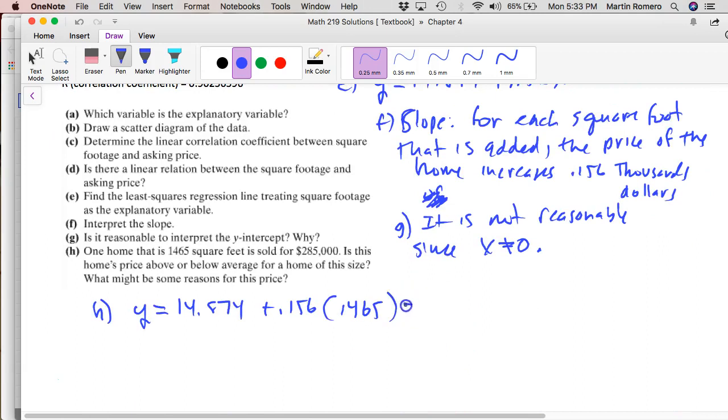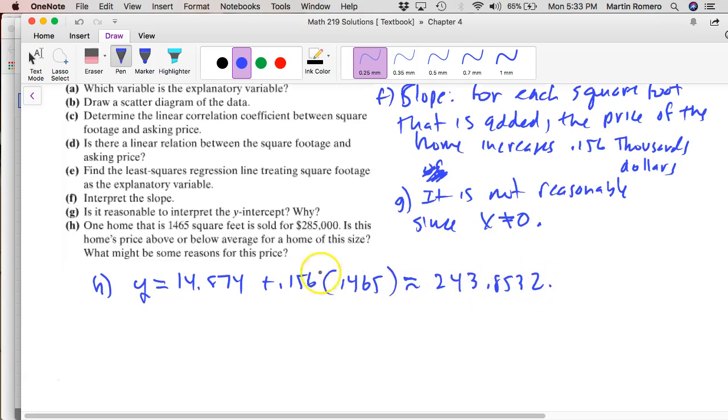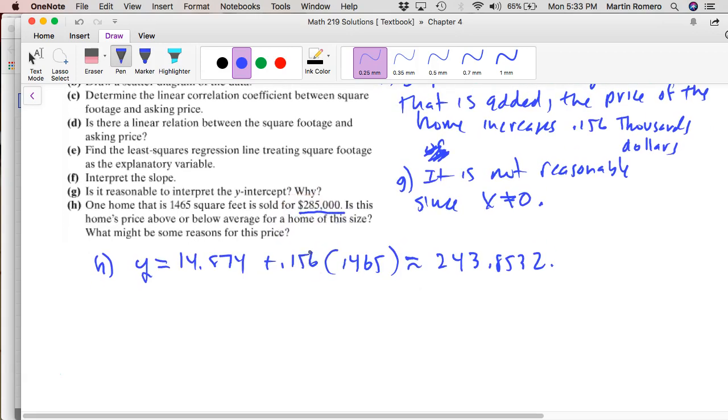When you do that, you get an approximate value of 243.8532, and since it's less than the price, $285,000 is above average. That's what we would say. It's above average.